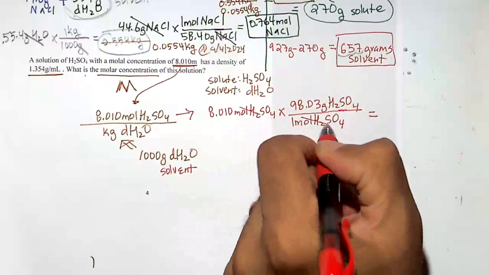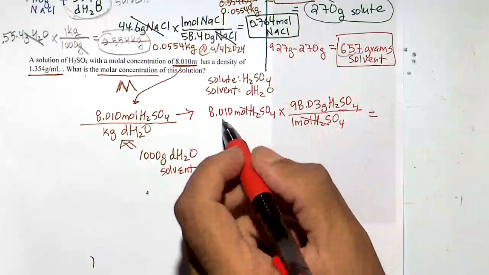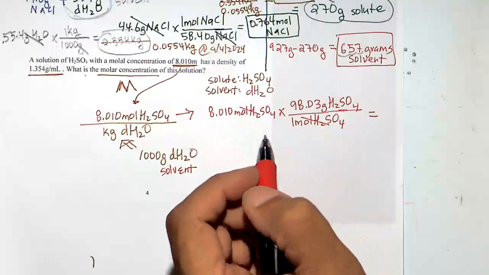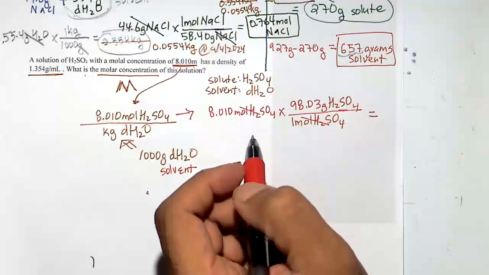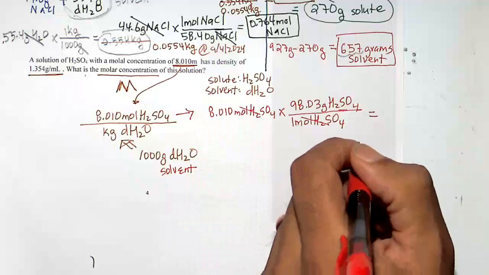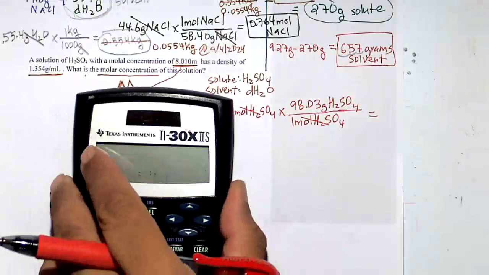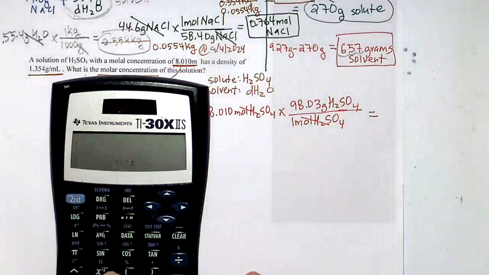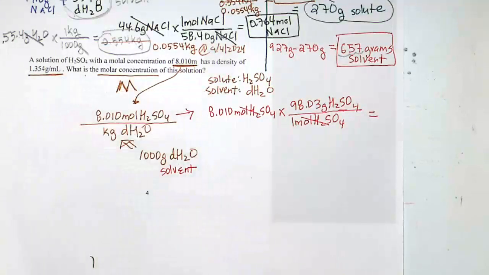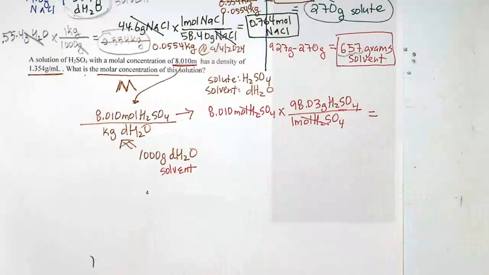So the moles of H2SO4 cancel with the moles of H2SO4. And how many grams is this? What did you guys get? 8.010 times 98.03. Shall I calculate it, or I'll let you guys calculate it? 790?